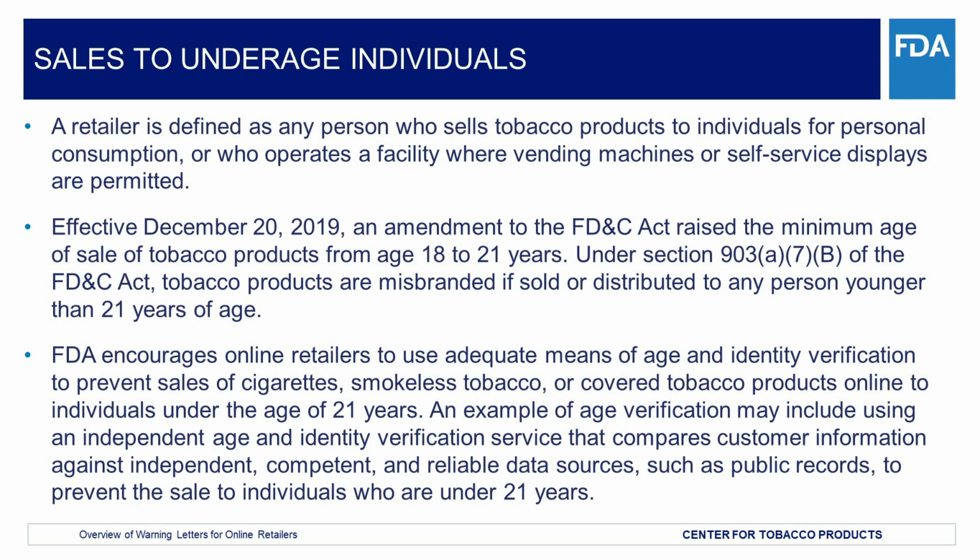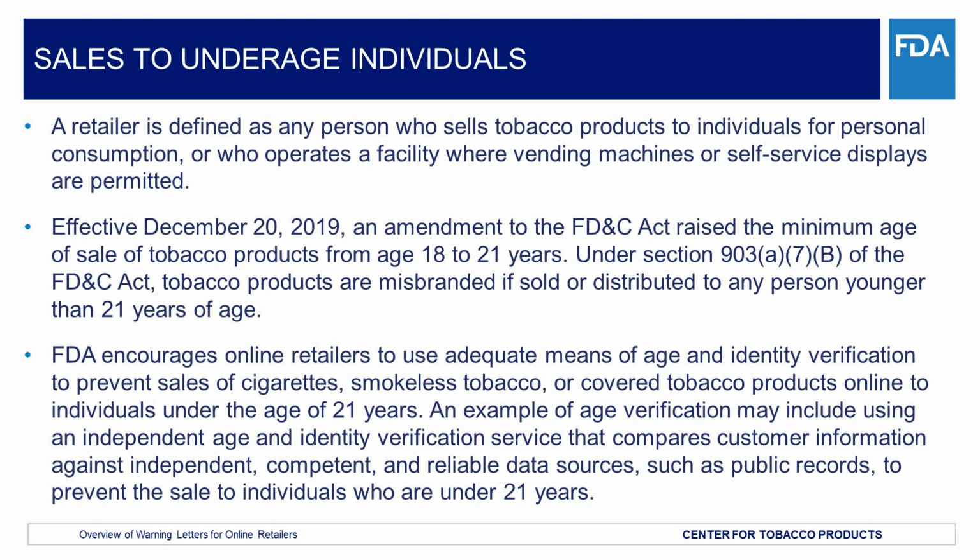Specifically, the Appropriations Act amended Section 906D of the FD&C Act to make it unlawful for any retailer to sell a tobacco product to any person younger than 21 years of age. FDA provides information about the increase in the federal minimum age of sale for tobacco products on its website.